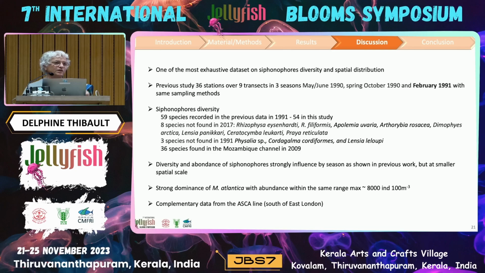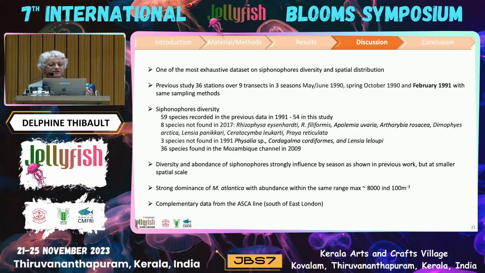Only February was done at the same time as ours. Previously they saw 59 species, so about 5 to 6 species less. Species were found now that were not found before, and vice versa. And in another work I've done in the Mozambique Channel, I only found 36 species.